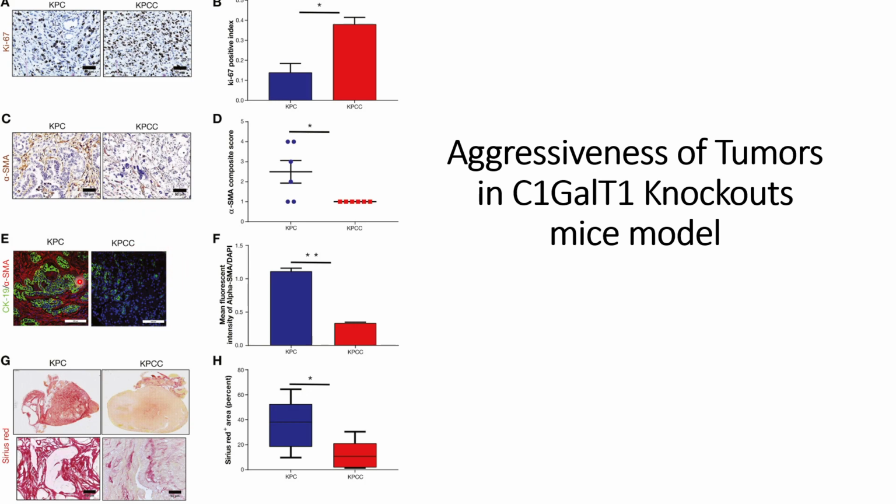These things are again validated using the collagen 1 marker, where they detect the presence of collagen 1 in both the control and the C1GalT1 knockout pancreatic mice models. They can see that in the KPC mice model, the collagen present is high compared to the KPCC mice model. These things are also validated using quantitative measurement of the fluorescence image, and both results are in line and show the same conclusion, that the amount of stroma is low in the KPCC mice model.